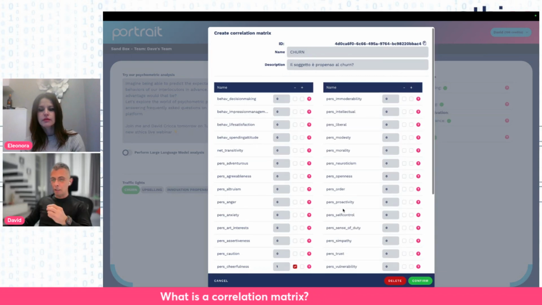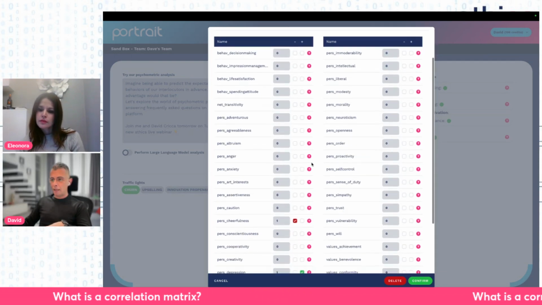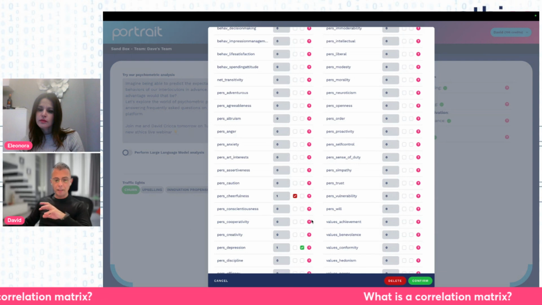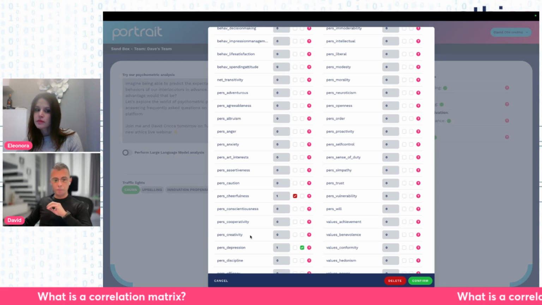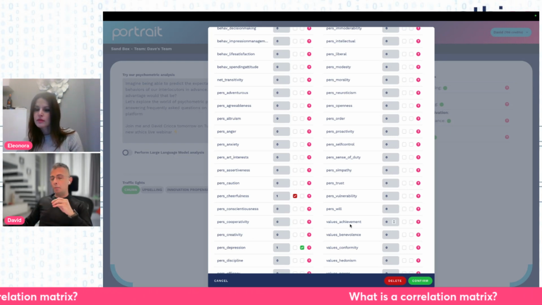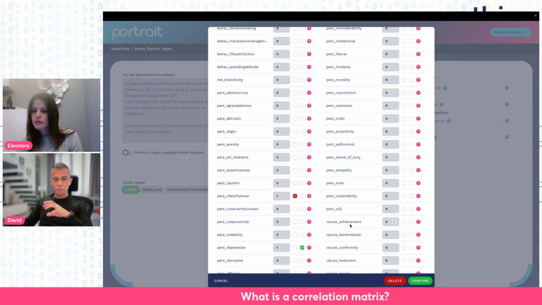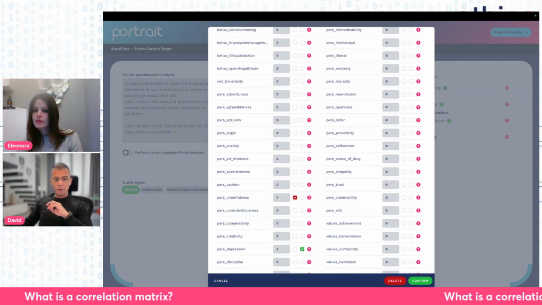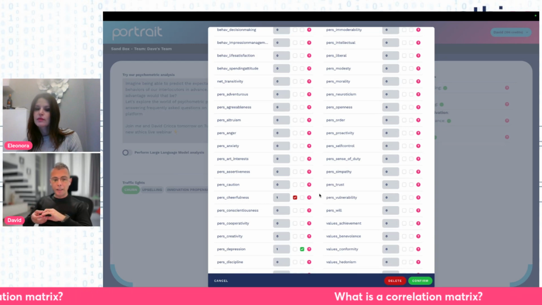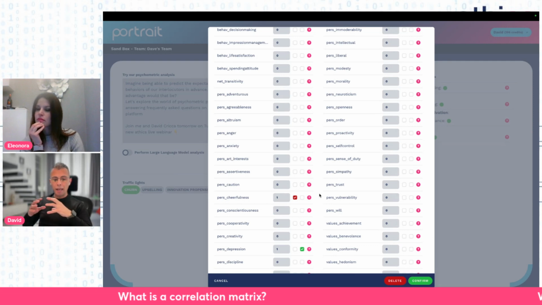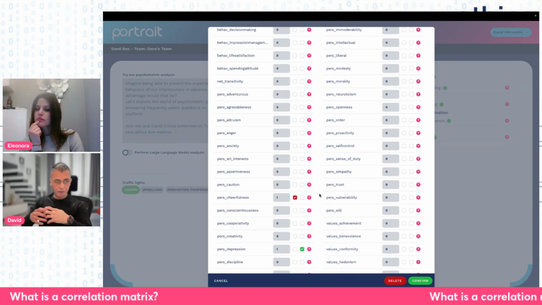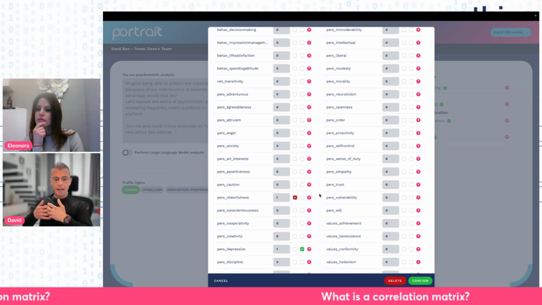Basically, within a matrix, I give a value to the traits that are more relevant in a certain behavior in order to find out about them in future profiling. Here we have a simplified version, obviously, of a correlation matrix that I have prepared to help better understand what it is for. In our example, if a profiled subject has these characteristics, it means it is very likely that you, because of your profile, are at churn risk.